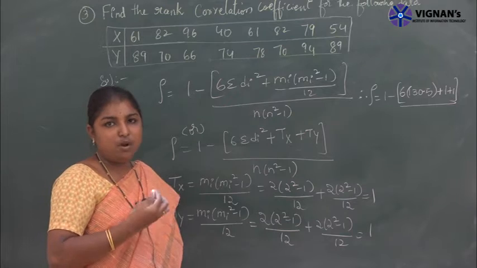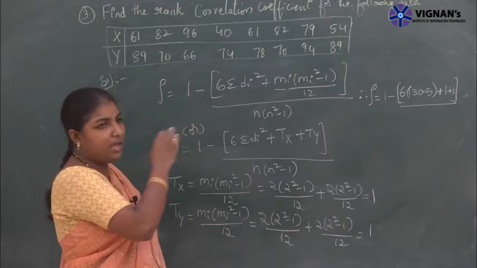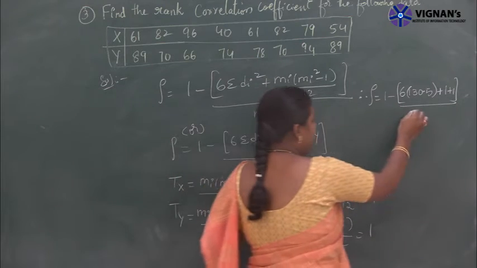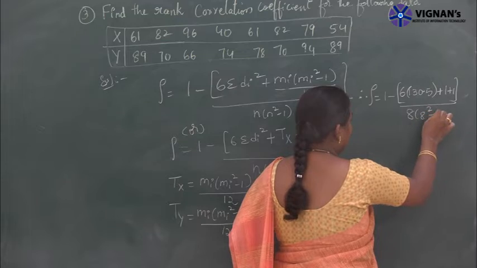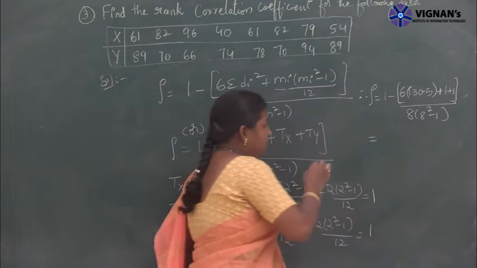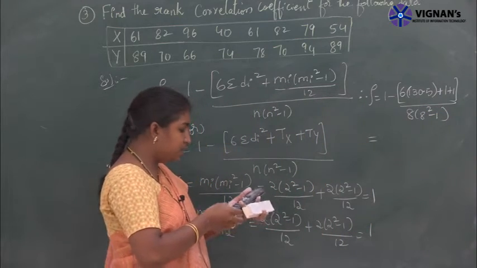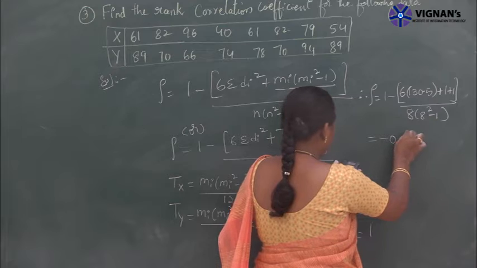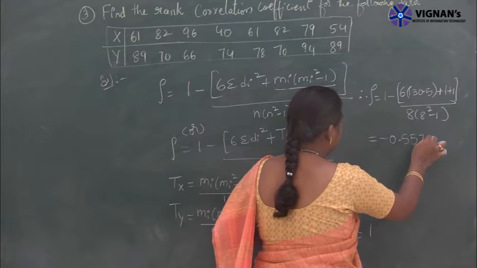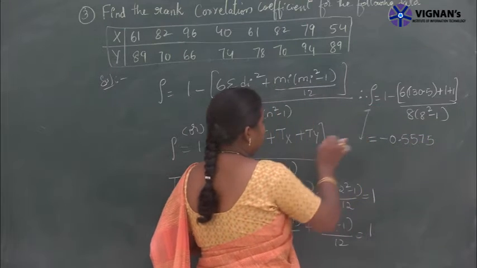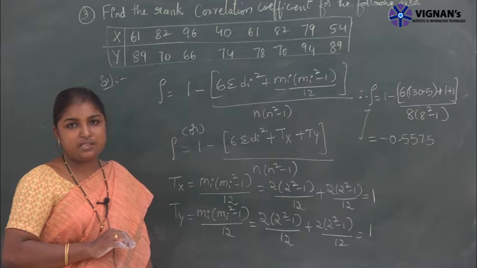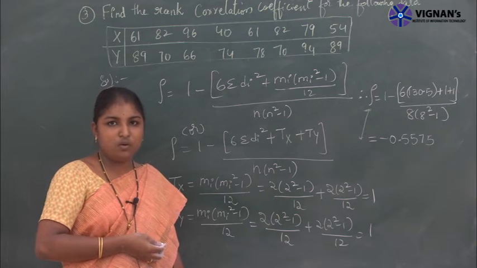N is the number of observations. Here we have 8 observations, so that can be written as 8 into 8 square minus 1. Simplifying, we get this value equal to minus 0.5575. So this is the value of rho. This rho always lies between minus 1 and plus 1 only.